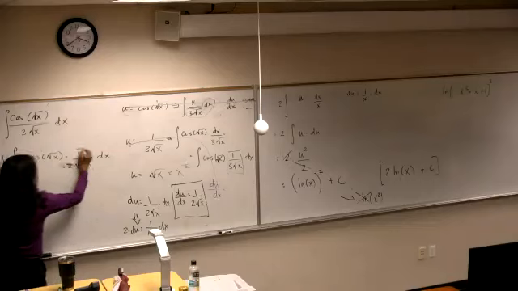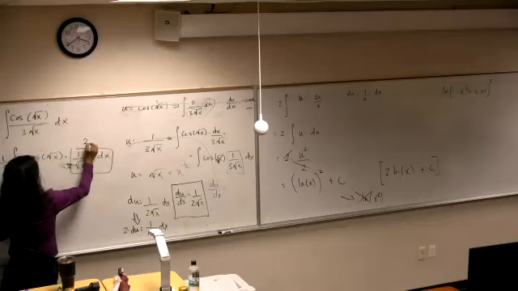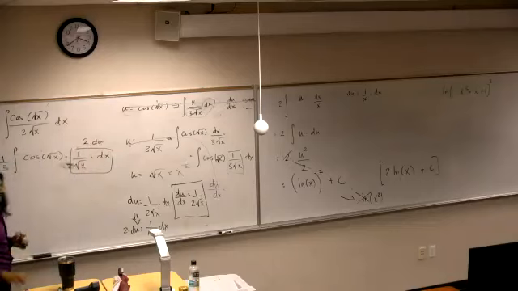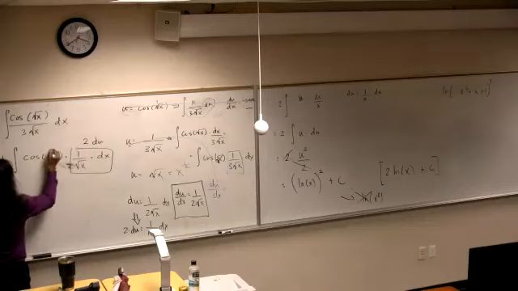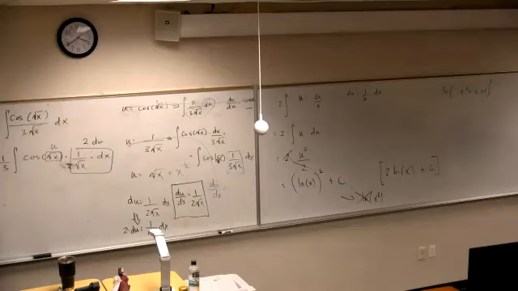So all this would become 2 du. That would become u. Did I successfully convert the integral in terms of x to an integral in terms of u?